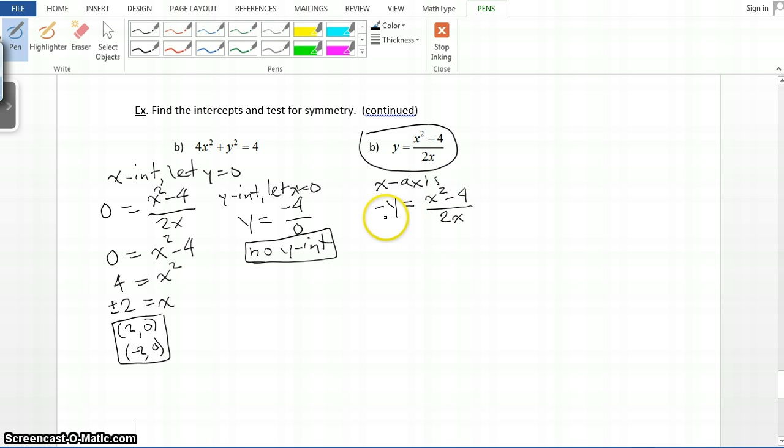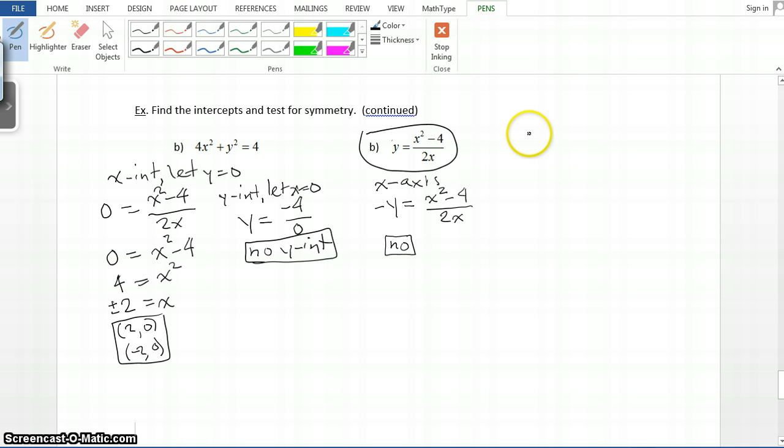Alright, so obviously this is pretty simple since my y is over here on the left by itself. If I plug negative y in here, there's no way that this can look like my original equation. This y is opposite. The right-hand side looks exactly the same, but the left-hand side is opposite. So this does not have x-axis symmetry. No x-axis symmetry.